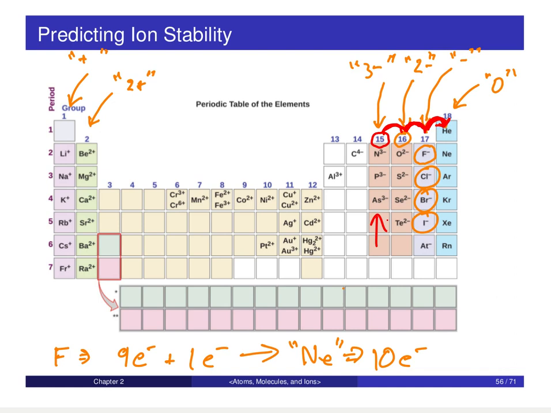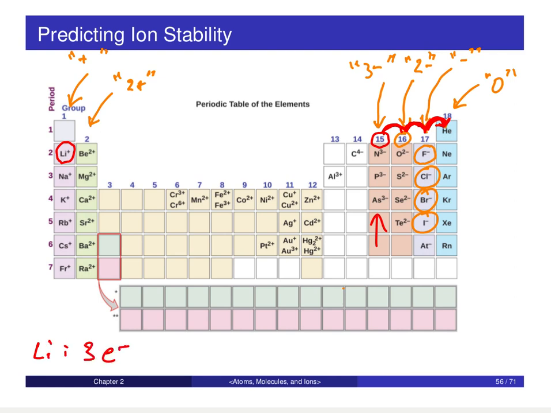But then if you come over here to the alkaline metals, lithium, for example, has in its neutral form 3 protons, of course, and 3 electrons. So lithium sitting right here, we've got 3 electrons. Now lithium, like everybody else, wants to look like a noble gas.